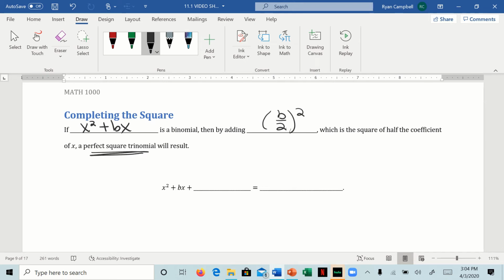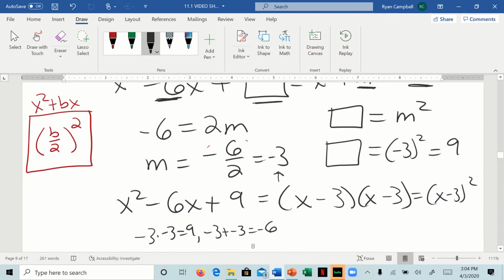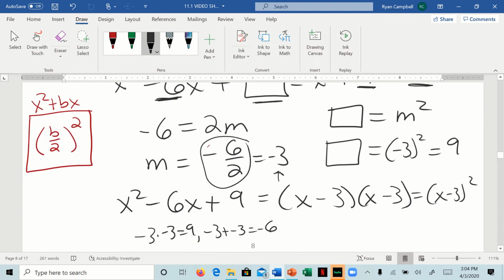And a perfect square. So if you add b over 2 squared, you can factor it as x plus b over 2 squared. And if you notice, that's exactly what we did, right? Because we said b over 2 in this case was negative 3. That was that m. And we ended up with x minus 3.